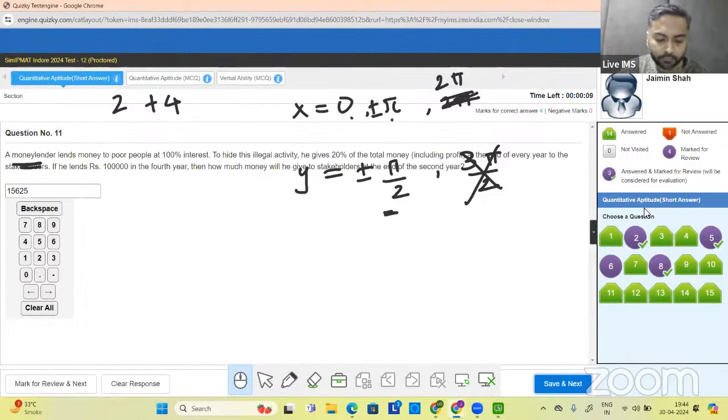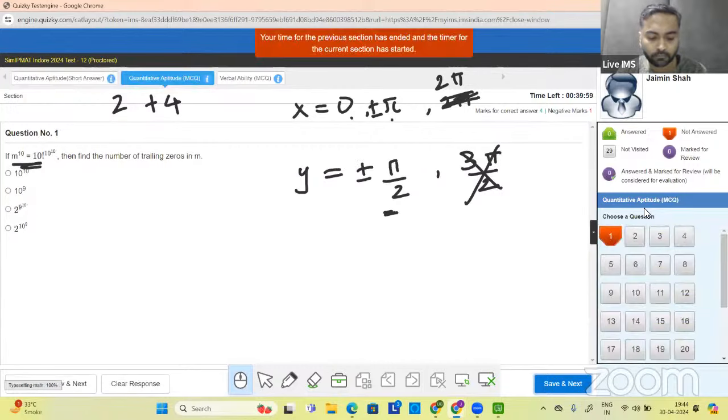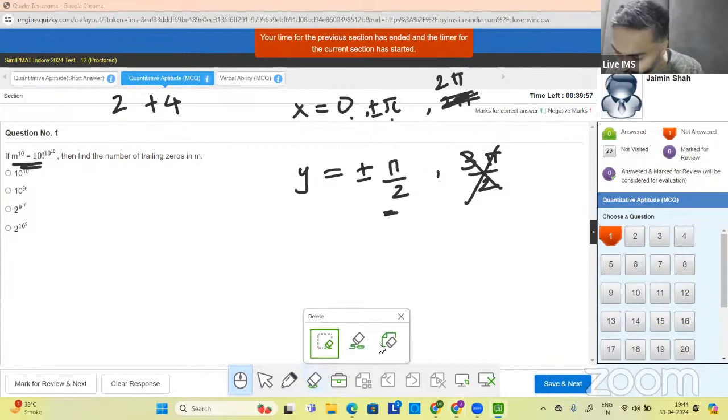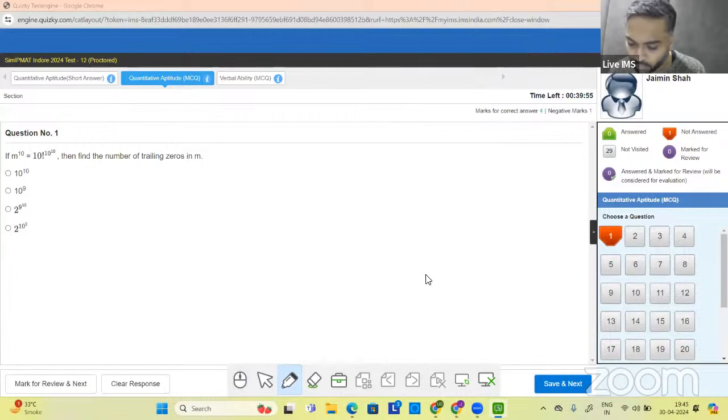Fair enough. Okay, so now I have m raised to 10. Find the number of trailing zeros basically here.